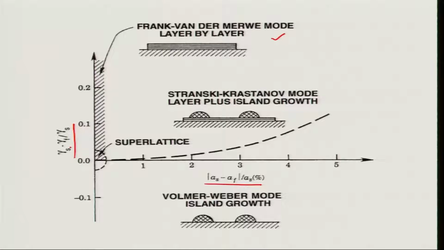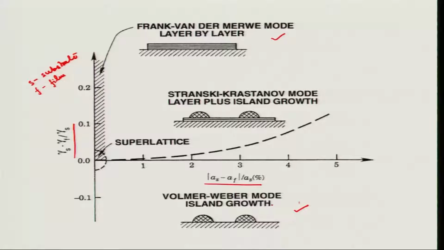Here S is substrate and F is film, and these are with respect to vapor. So, if you have very small lattice mismatch, then you can grow this. And if you have very large mismatch and the energies are also different, then you will have Volmer-Weber island growth.